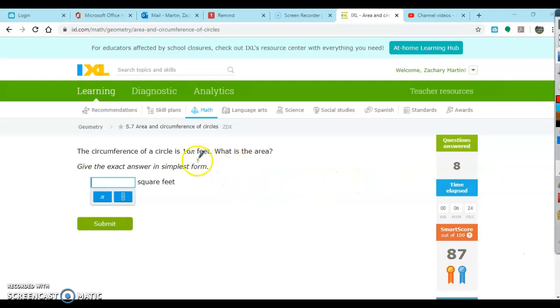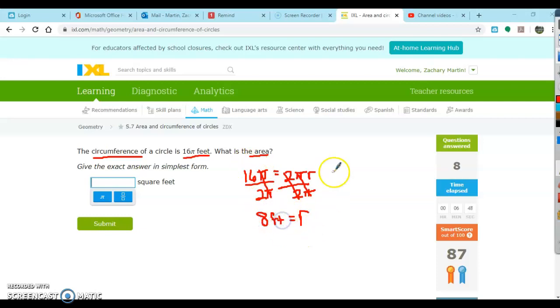The circumference is 16 pi feet, so that's our circumference. What's the area? Well, that means 16 pi equals 2 pi r. Divide both sides by 2 pi. These are eliminated. We've isolated r on the right-hand side. Pi's cancel. 16 divided by 2 is 8. And that's feet. My radius is 8 feet.